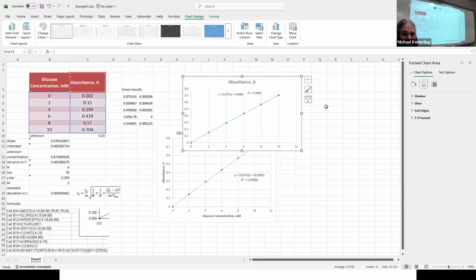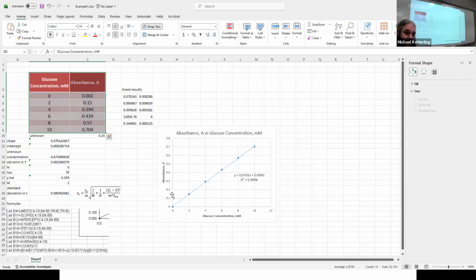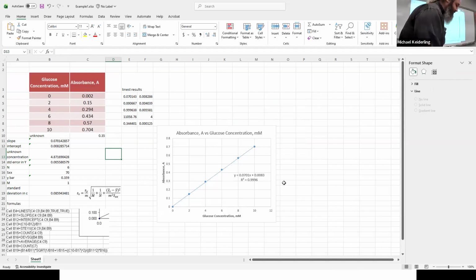So I'll just delete this. So this is just a fit. It has a slope calculated here. You can actually just calculate slope in Excel. So I did that, and the intercept. And then with that, you have a formula.